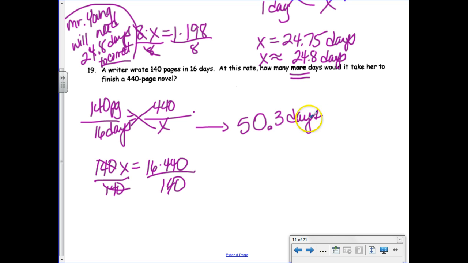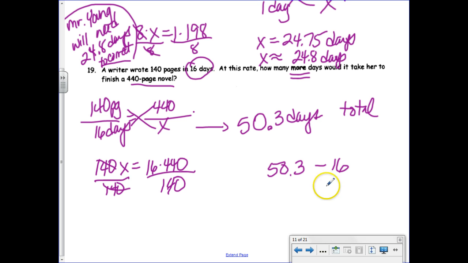But hold on. This is total to do the entire 440-page novel. They've already written 16 days worth. So to answer the question, because it says how many more days will it take to finish, you have to take 50.3 and subtract 16, because we already did this much. This is what it's going to take to do the total.